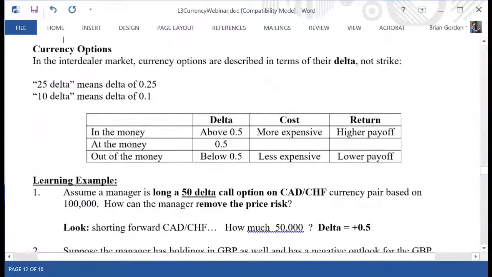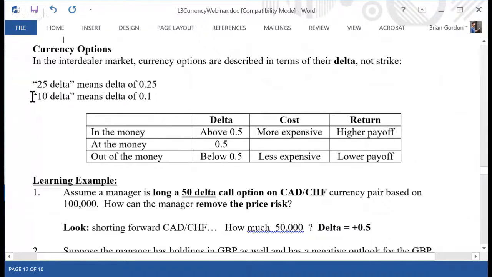The other part to think about is the interpretation of the cost as we increase the delta. And we talk about this in absolute terms. So don't think about put options having a delta from -1 to 0. Both put and call options, just think about them in absolute terms. The higher the delta, the more expensive.